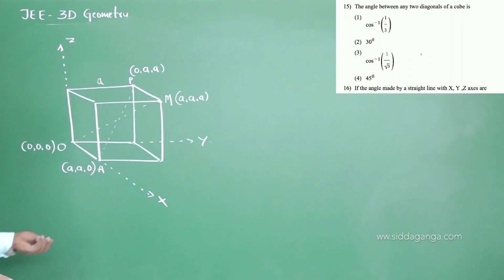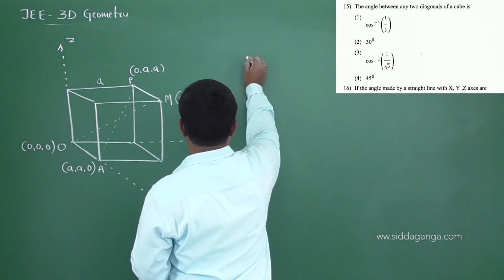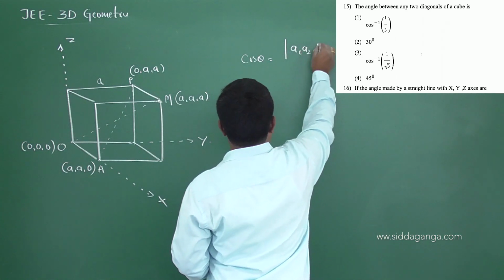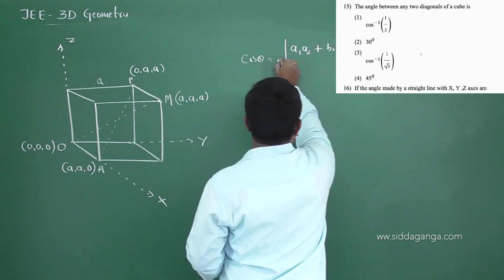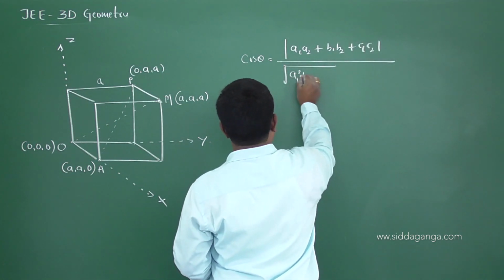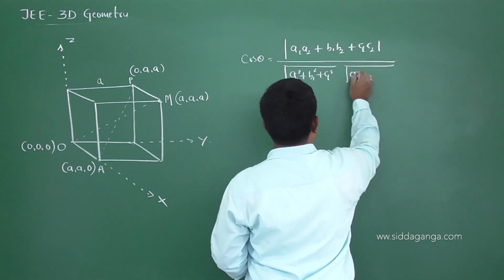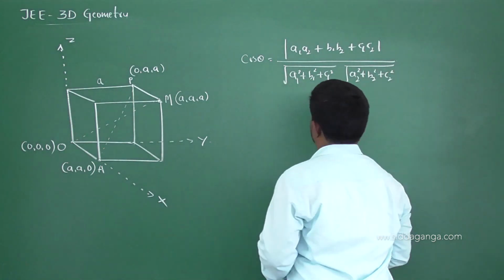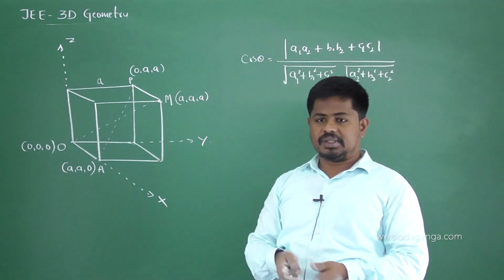So now using the result that cos theta is equal to A1 A2 plus B1 B2 plus C1 C2 whole divided by root of A1 square plus B1 square plus C1 square into root of A2 square plus B2 square plus C2 square. This is the result actually. What are A1, B1, C1? Ratios of the first line, A2, B2, C2, ratios of the second line.